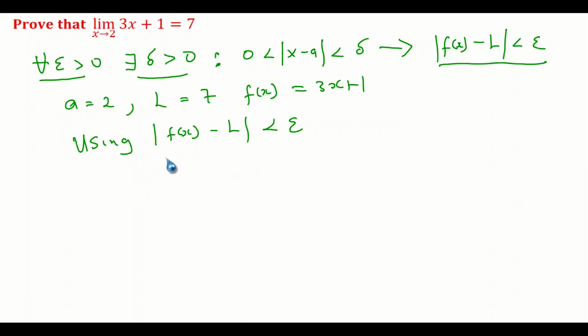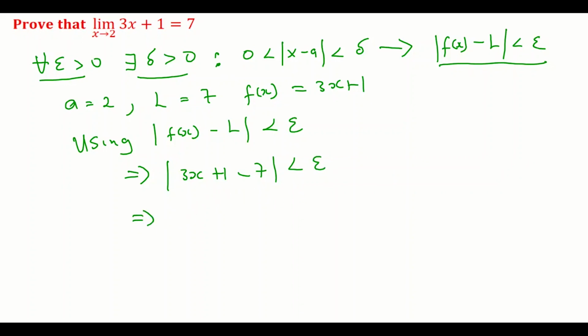So this is what I'm saying. If you write this, it implies that the absolute value of f(x), that is 3x + 1, minus L, that is minus 7, is less than epsilon. So let's simplify this.